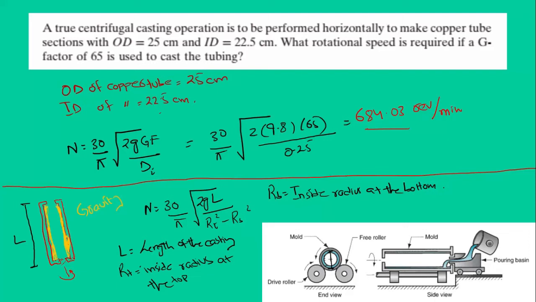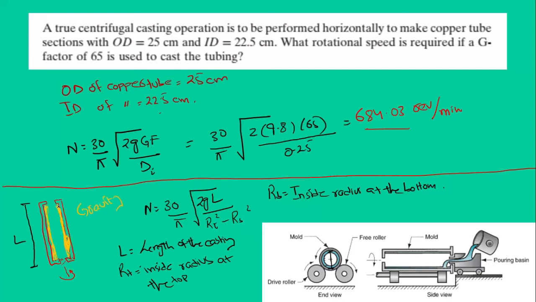Okay, so we can see here, to have a uniform thickness along the whole section, let's suppose there is no change in thickness, it means RT should be equal to RB.